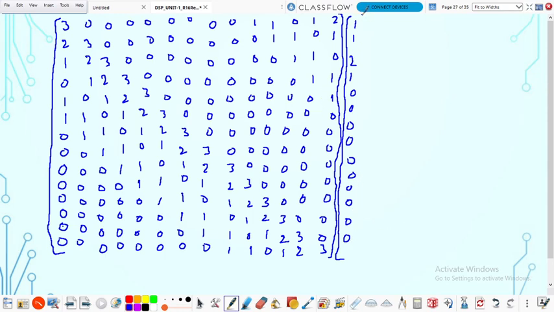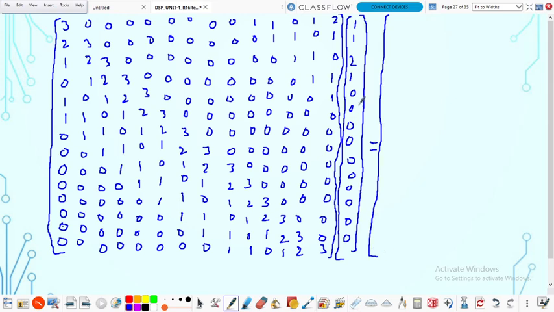Multiplying these two sequences, matrix multiplication, we get the output sequence: 3 into 1 3, and remaining zeros, 2 into 1 2, 3 into 1 3, plus remaining 0 into 2 0, 0 into 1 0, and so on.